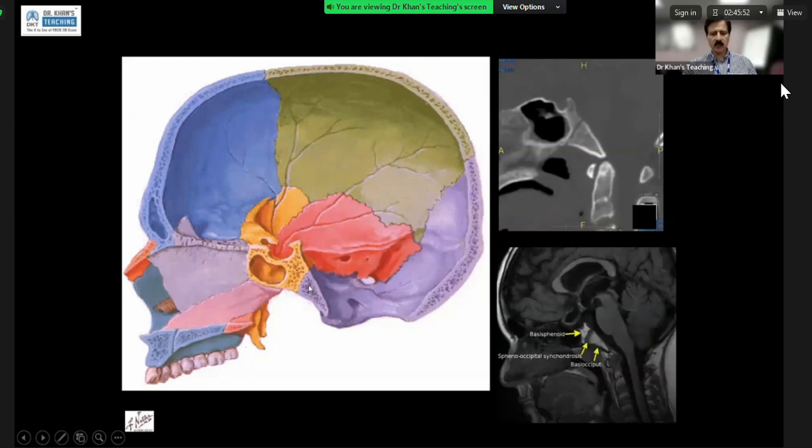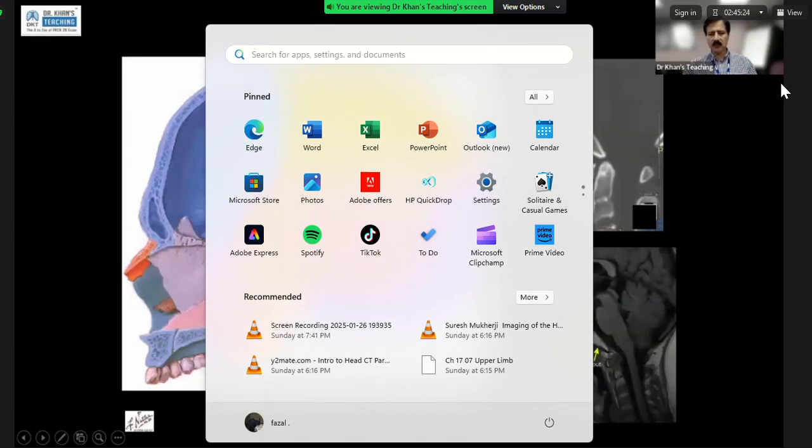As the child is growing, there is a line here, because of the joint. There is a synchondrosis here, and as the person becomes an adult, this fills up. This is known as the spheno-occipital synchondrosis.